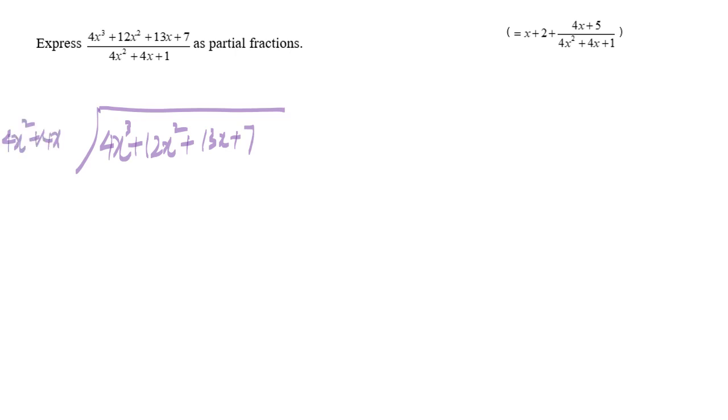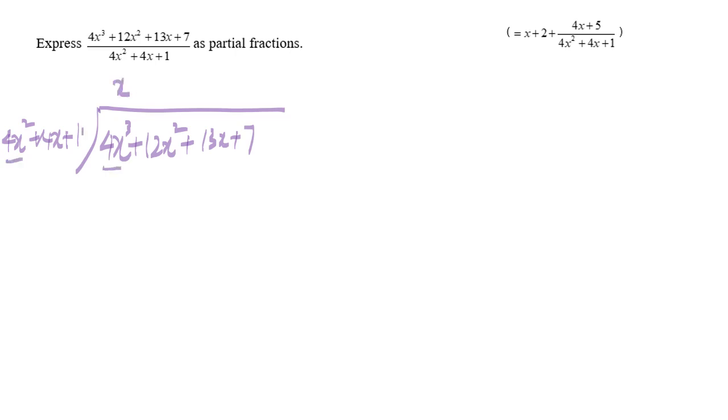So for an improper fraction, we have to apply long division to decompose it. Okay, so I'm going to use long division now. The first term will be 4x cubed divided by 4x squared.